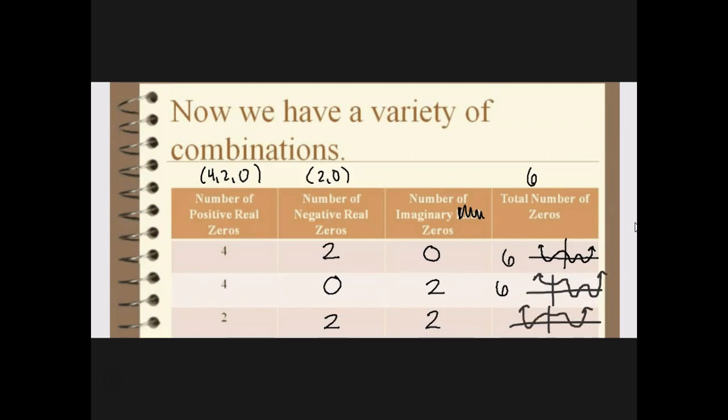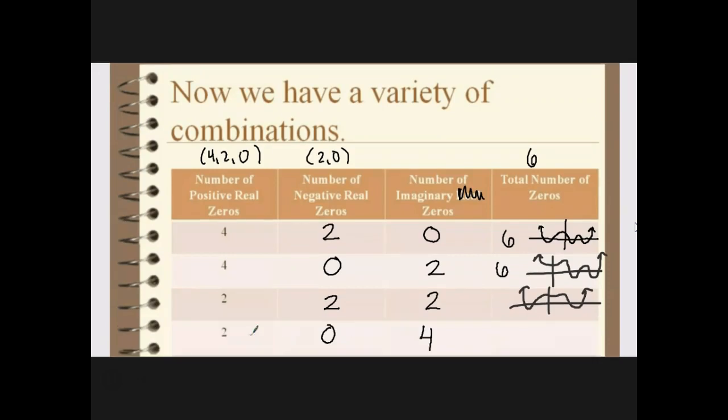In the next case, same idea. 2 positive and 4 imaginary. So that means it only crosses on the positive side. It still ends above. So you might have like some bumps going on up here.